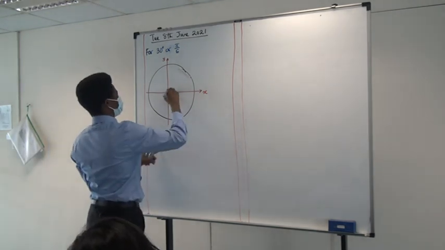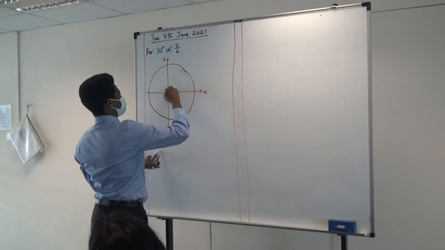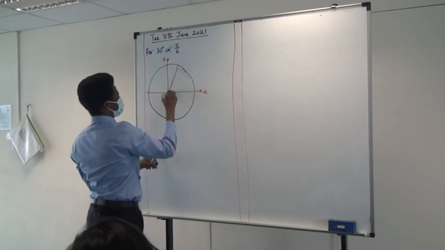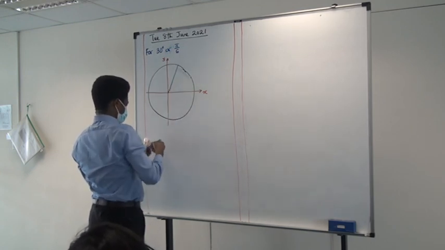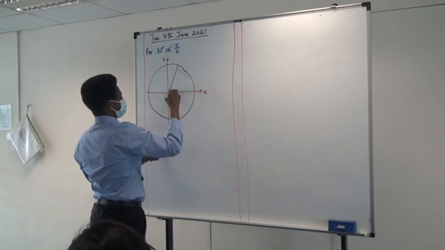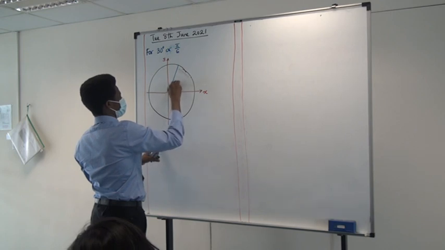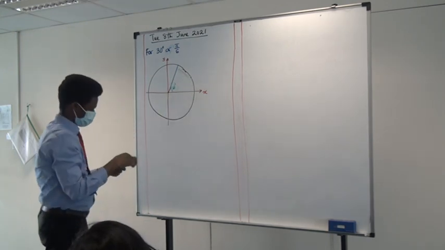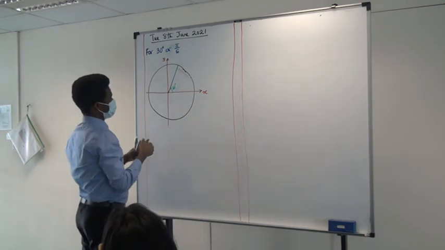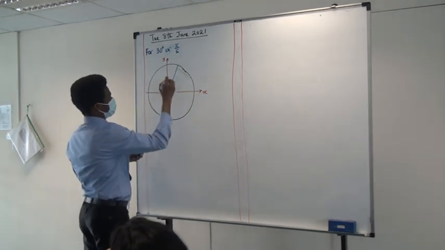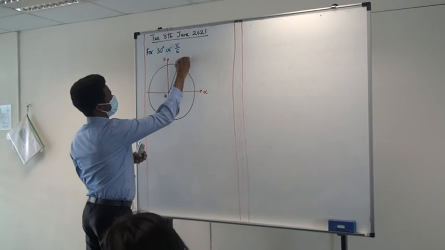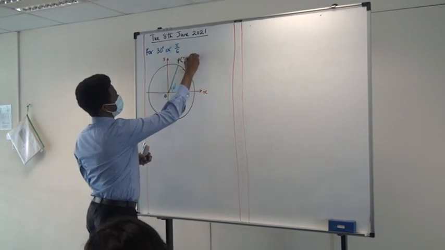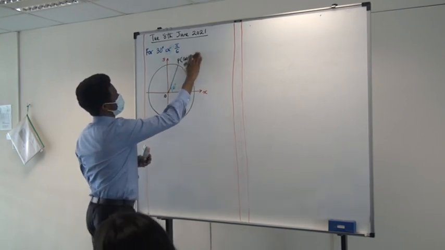We say, okay, suppose our OP makes an angle of 60 degrees, and that 60 degree is the same as pi over 3. Okay, O is the center and P is that point. Of course, the coordinate of P will be cos theta, sine theta. In this case, cos 60, sine 60.